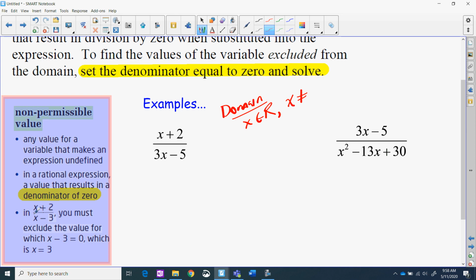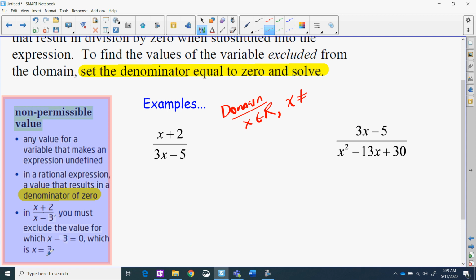Remember, we're only worried about the denominator being 0. You can have 0 over a number, that's fine. You just can't have some number divided by 0. That's undefined. So if I had this fraction, my concern would be, well, what would I put in the bottom, x take away 3, that would make the bottom become 0? Well, that answer would be 3, because if I had 3 in here, it'd be 3 take away 3, the denominator would be 0.